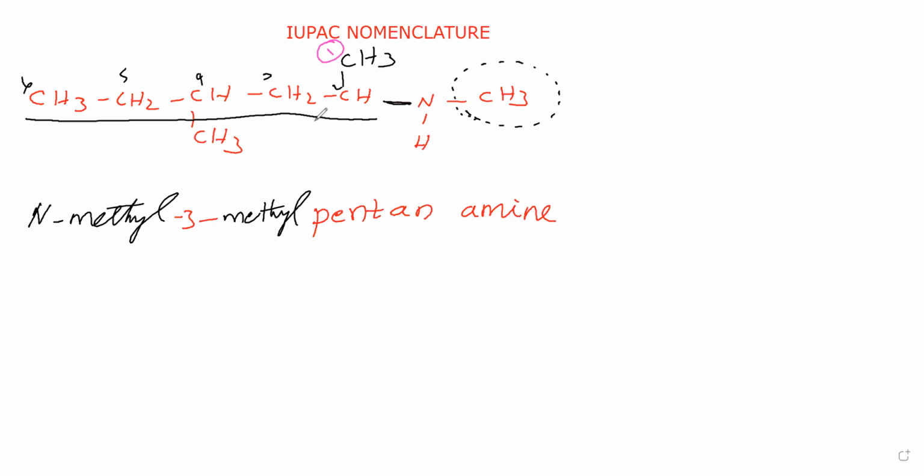Here the root word contains 6 carbon atoms. Therefore, here we will say hex. Then this amine is attached at the second carbon. Therefore, we will say 2-amine. The methyl on N is N-methyl, and this methyl is attached at 4. Therefore, we say 4-methylhexane-2-amine.